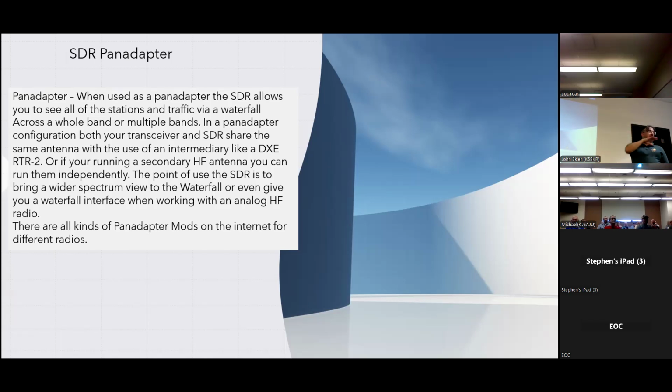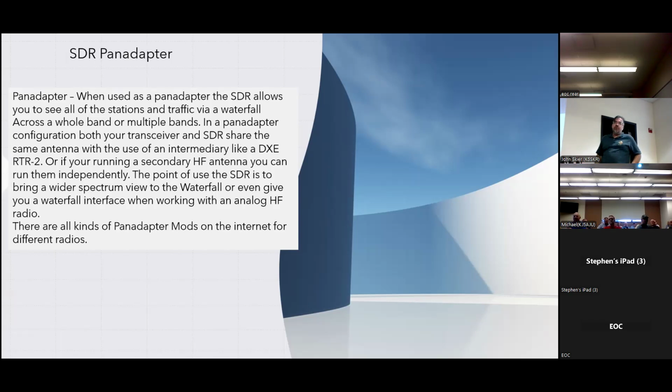If they're listening to 20 or 40 and they're focused in right here and have a small bandwidth view on the built-in waterfall on their radio, where you can only see so far on either side, you could actually open up the entire 20-meter band on the SDR and see where there's potential stations to go work.